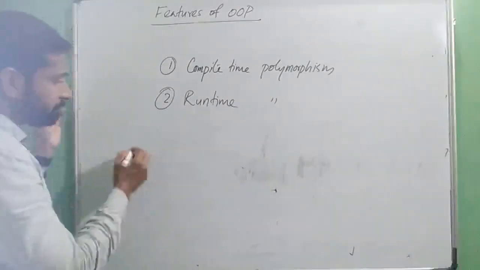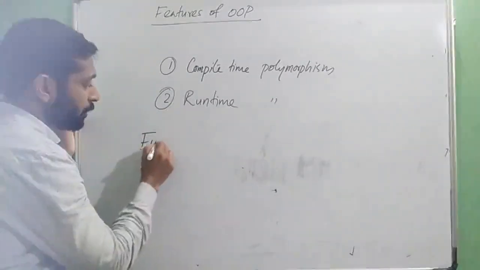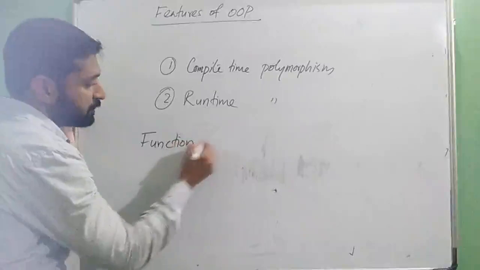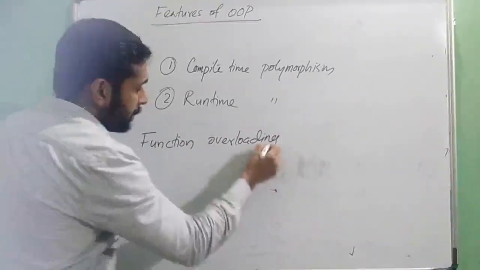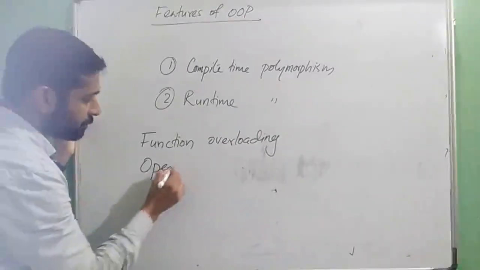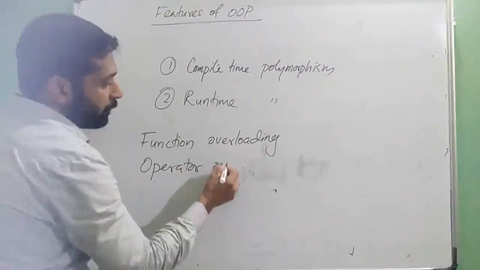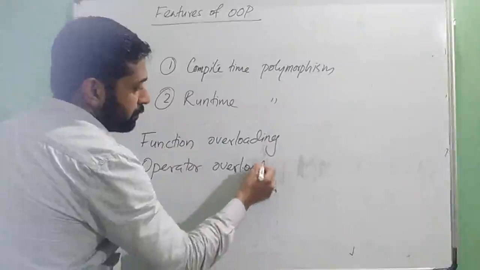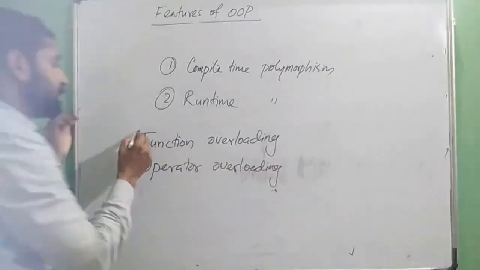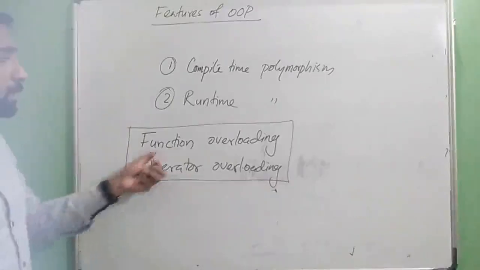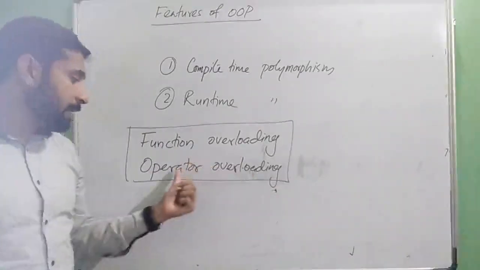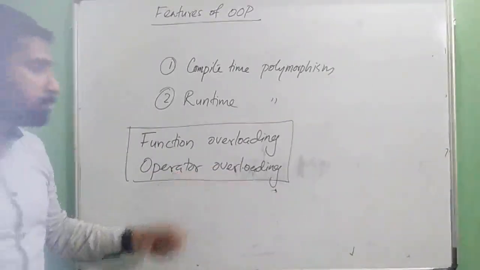We have function overloading and operator overloading. These are examples of compile time polymorphism.